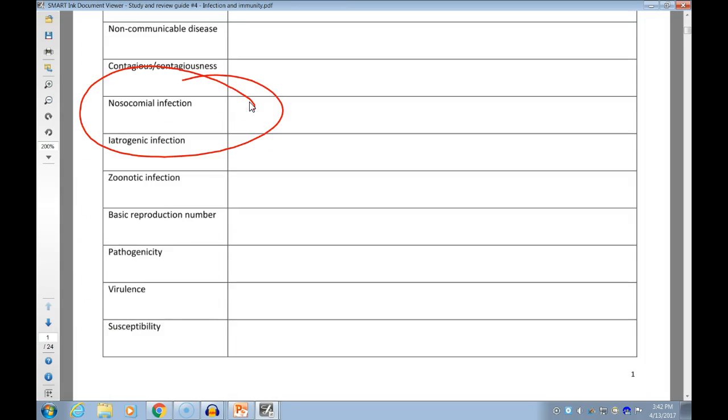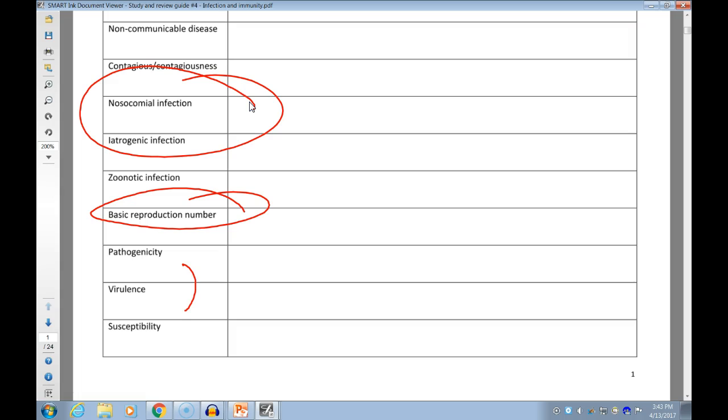Zoonotic. Basic reproduction number. What does it characterize? How infectious it is, how many people are going to acquire a disease from one infected person. Does that make sense? That's another focus. Understand the difference between pathogenicity and virulence.